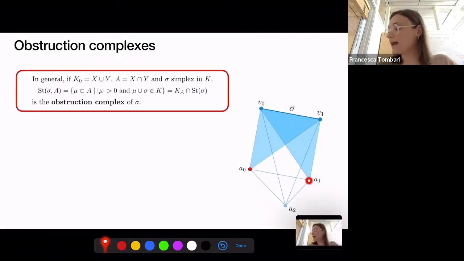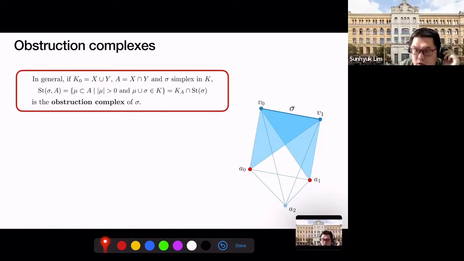However, the edge A0, A1 is not in the obstruction complex because there is no tetrahedron formed by these four vertices. So the obstruction complexes are subcomplexes of K, and they might have all the possible different homotopy types and be empty as well. That's a possibility too.